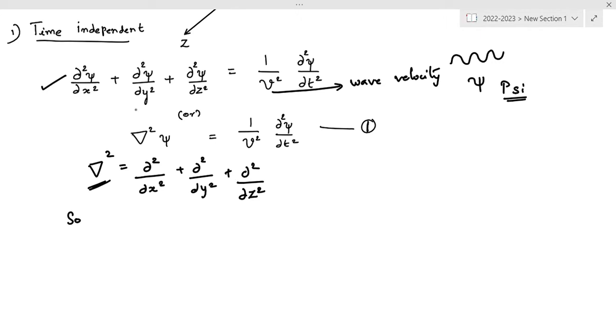That is, the solution of the above equation is psi is equal to psi naught e power minus i omega t, where the wave function depends on x, y, z, the coordinates, the displacement of the particle with respect to time, and psi naught represents only the amplitude, and here there is a time factor e power minus i omega t.